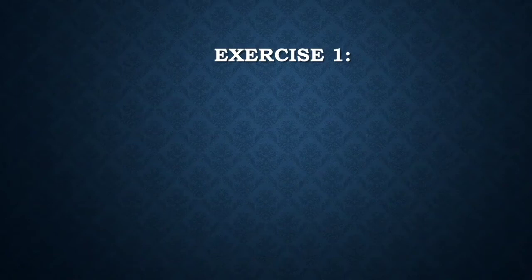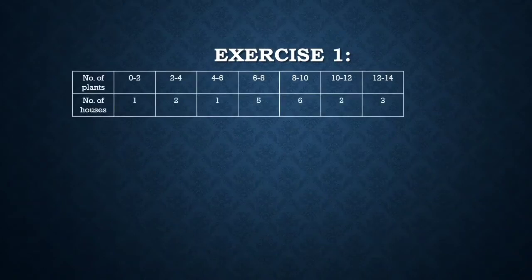Next we have the first exercise of the chapter, and the first exercise is completely devoted to calculation of mean for various grouped data given to us. So in the first question we have, a survey was conducted by a group of students as a part of their environmental awareness program, in which they collected the following data regarding the number of plants in 20 houses in a locality.